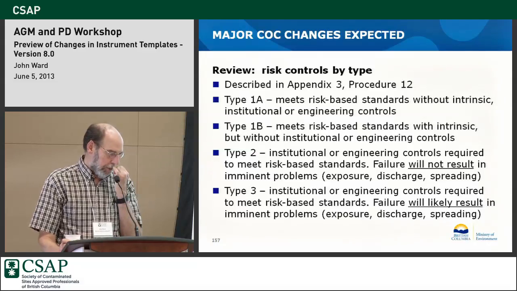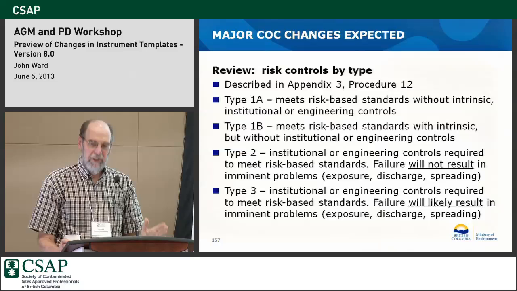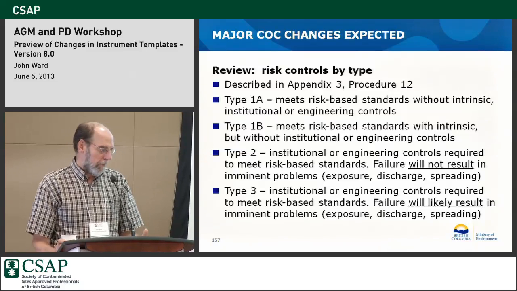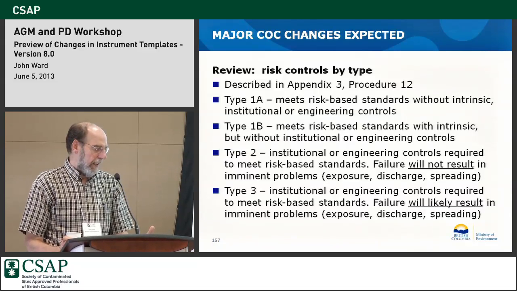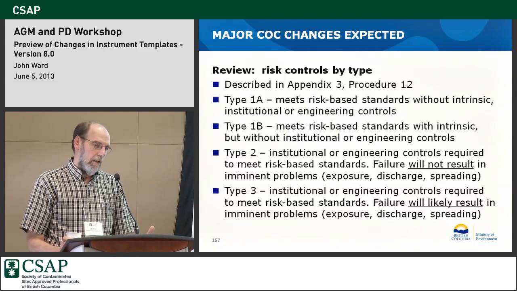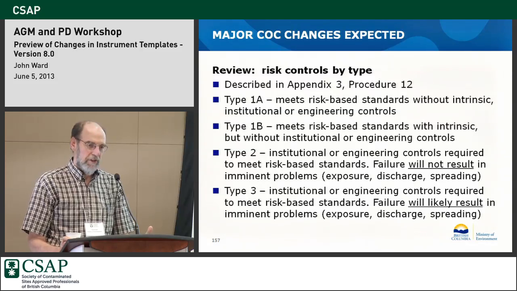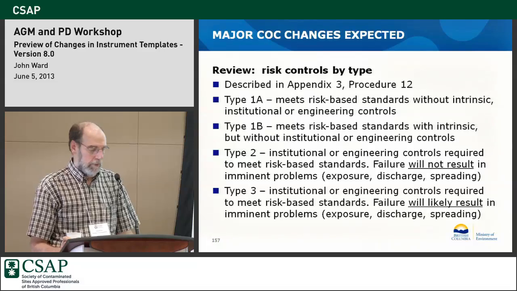And then we have Type 2, where you have institutional controls, but not administrative controls. You have institutional or engineering controls, and if they fail, you're not going to have a huge problem. And then Type 3 is the same as that, except if they do fail, you will have a big problem.